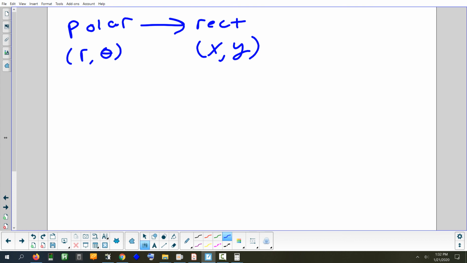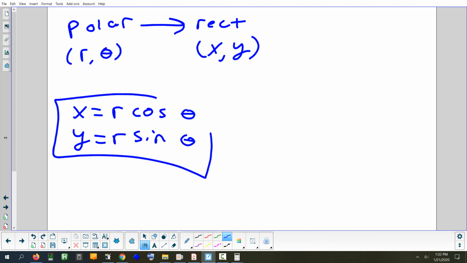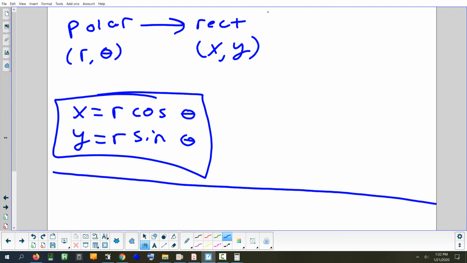So in rectangular, there's two formulas you need, one for x, one for y. X is r cosine theta, and y is r sine theta. Those are the two formulas that you use in converting polar to rectangular.